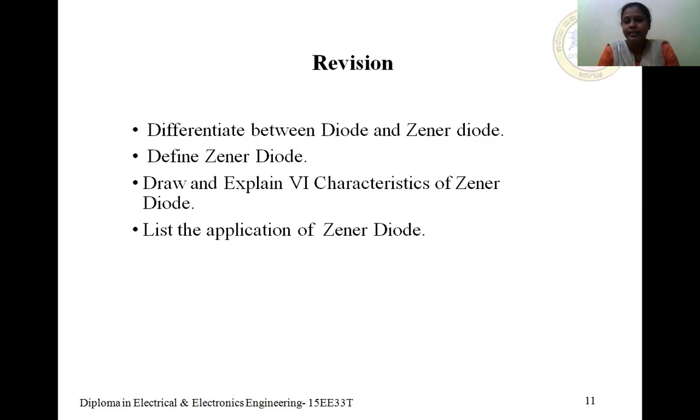That point we call the knee point. At that point the voltage is constant, and this region of operation we call the breakdown region. So this is about the VI characteristics. We have to plot the graph and explain the forward bias and reverse bias characteristics for this question.